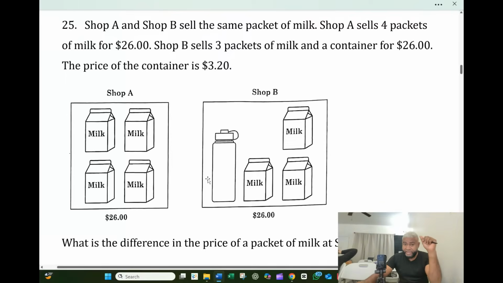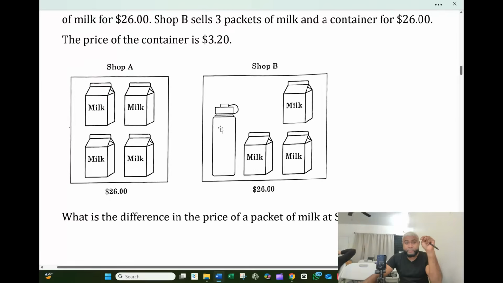So for Shop A you're getting 4 packets for 26. For Shop B, you're getting 3 packets and again a container for $26. Now the price of that container is $3.20, right? You good there, Kiana and my people online? What is the difference in the price of the packet of milk at Shop A and Shop B?